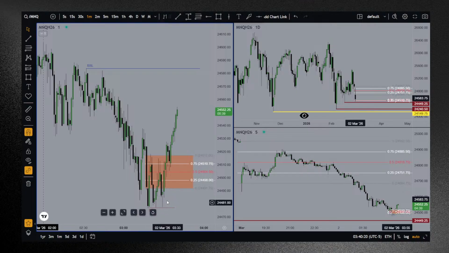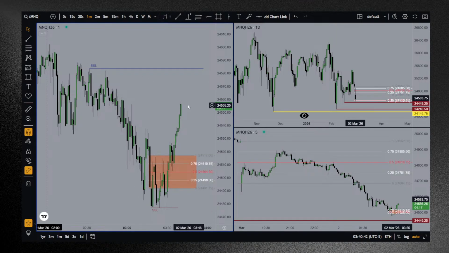And then we already have the engineered relative equal lows here, right? So this is also an important pool of liquidity that will be a factor in the future, especially after we consume the buy side liquidity. But that remains to be seen. So let's see. So far price is really nicely stretching towards this.